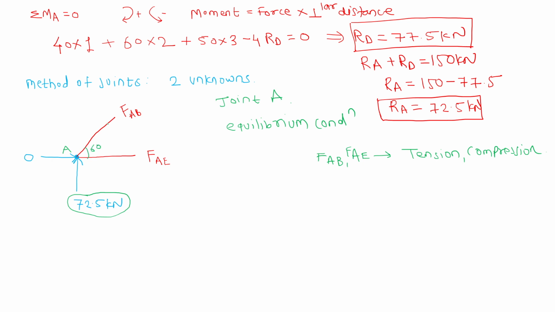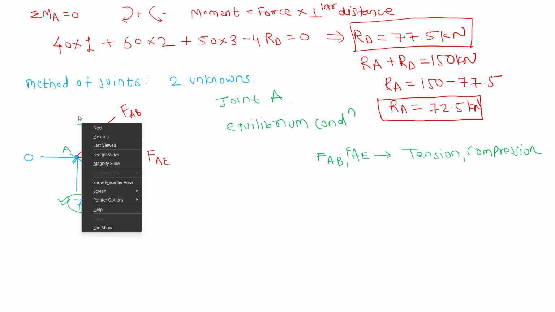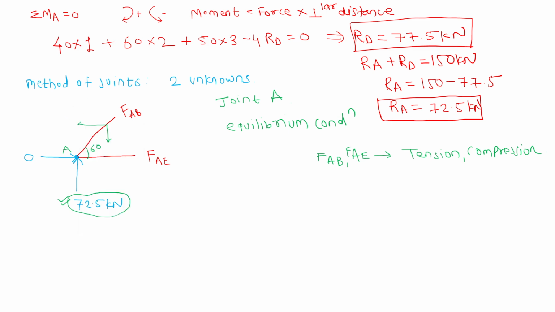So we have to resolve. Now there must be a downward force to balance this 72.5 kilonewton. Okay, and for this type of resolution, if it is getting downward, then other part of the resolution will go towards the left. So for this type of resolution, we have to assume the nature compression.